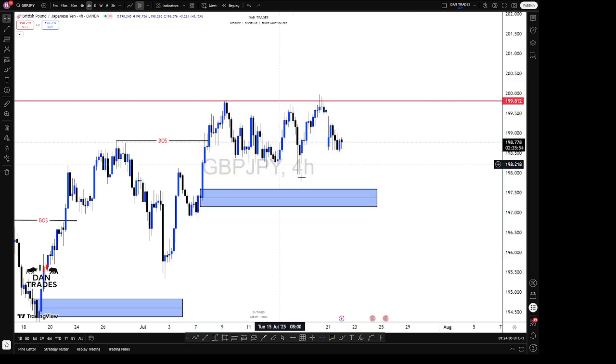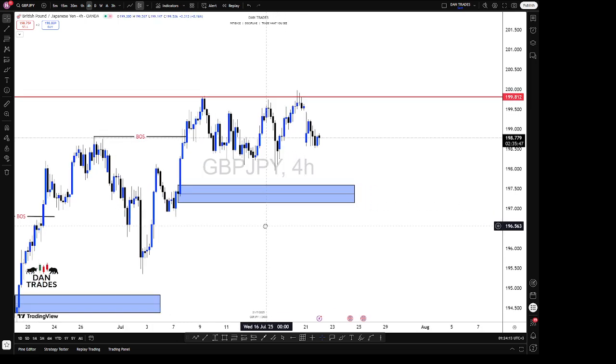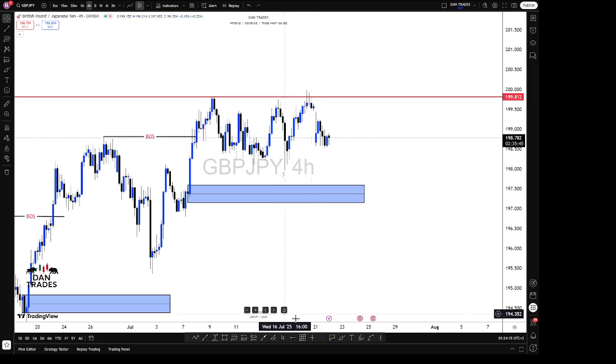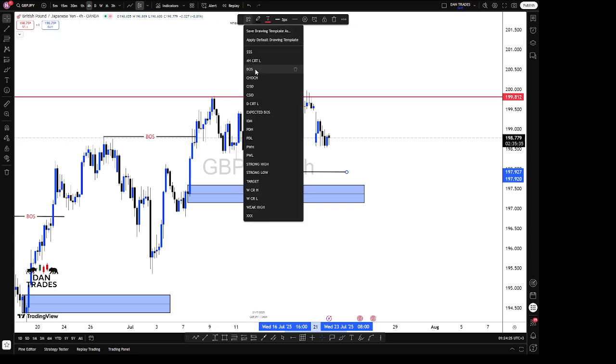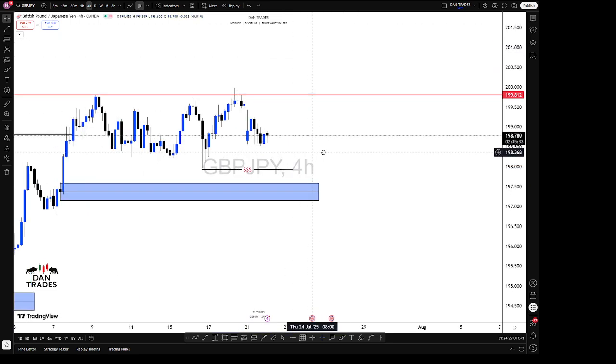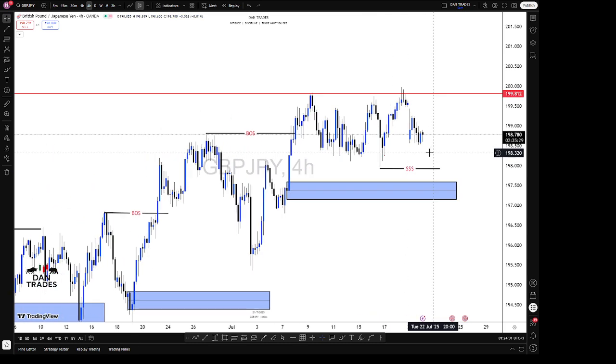So I'll be considering looking for buying opportunities around this zone, right? So that will be my demand zone. Then I'll be taking this as my level of liquidity, right? But remember, we react to what the market is doing, what it's presenting to us, right?